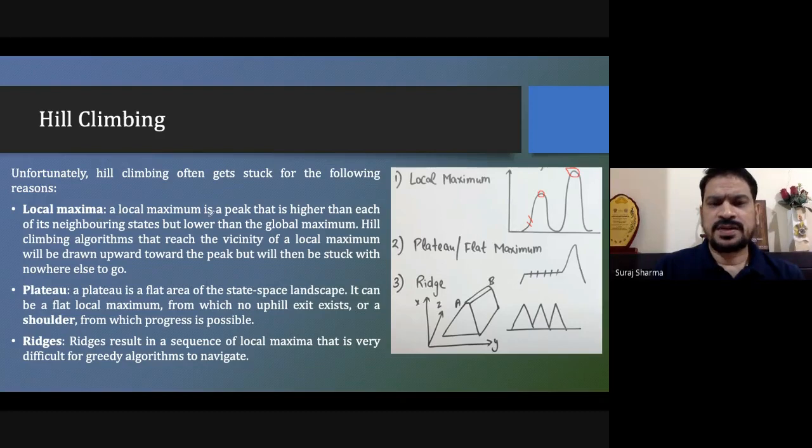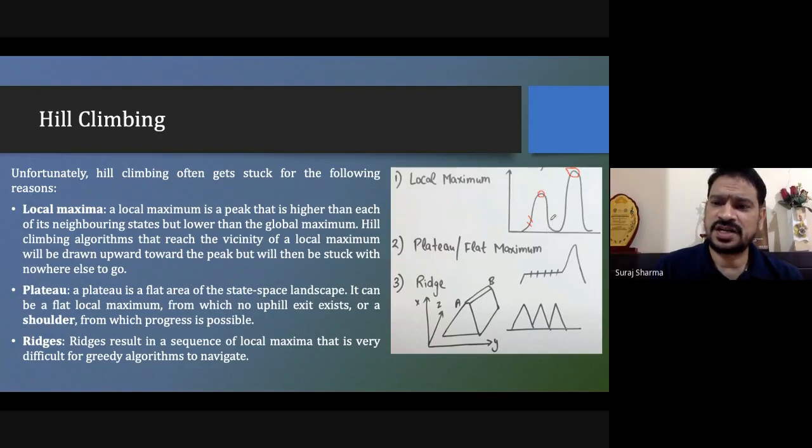The local maxima is a peak that is higher than each of its neighboring states, but lower than the global maxima. Hill climbing algorithms that reach the vicinity of a local maxima will be drawn upward towards the peak, but will then be stuck with nowhere else to go, because the algorithm says that if we have a lesser value, you cannot change your state.